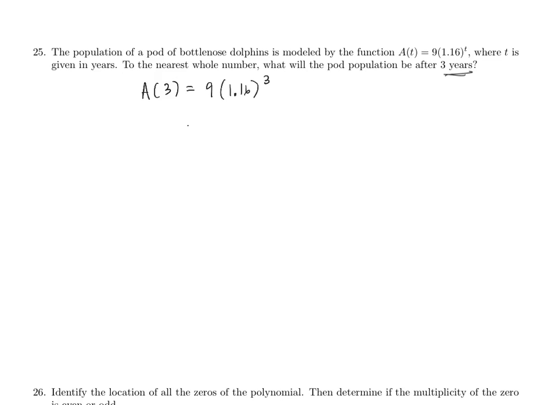I got 14.05. So we can round to 14 because it's dolphins, right? You're not going to have 0.05 of a dolphin. So we'll say 14 dolphins. And that's it.